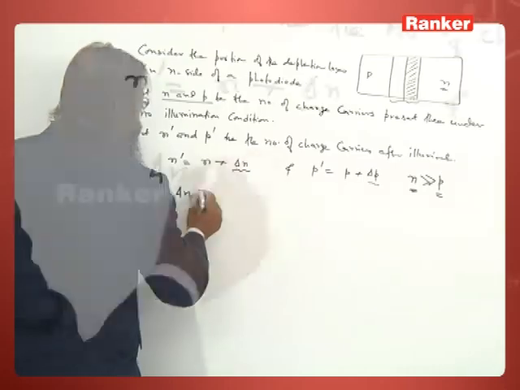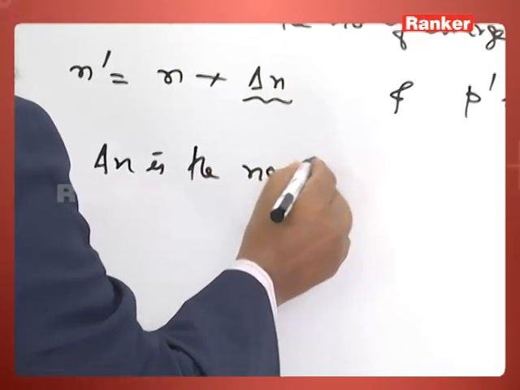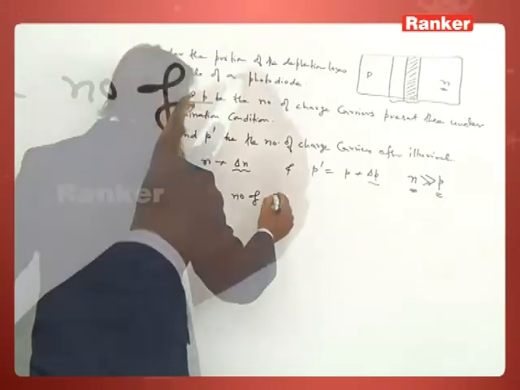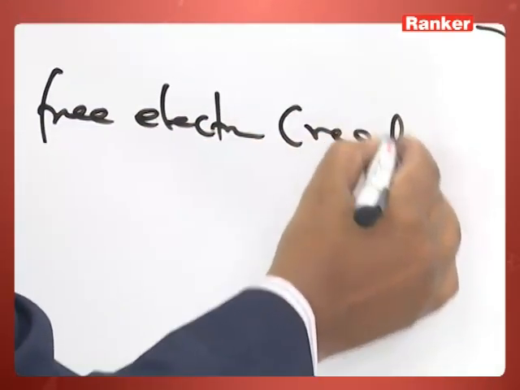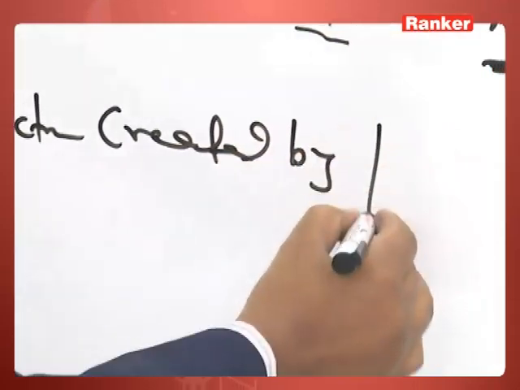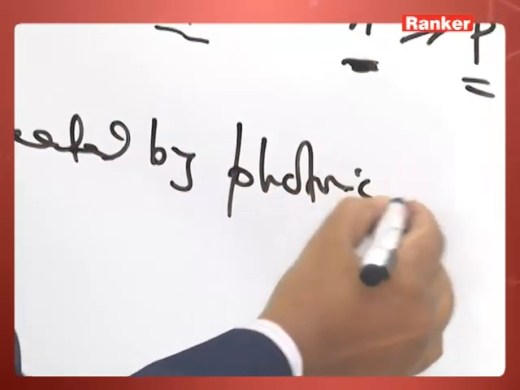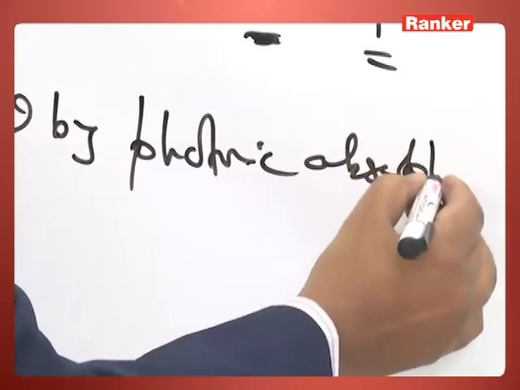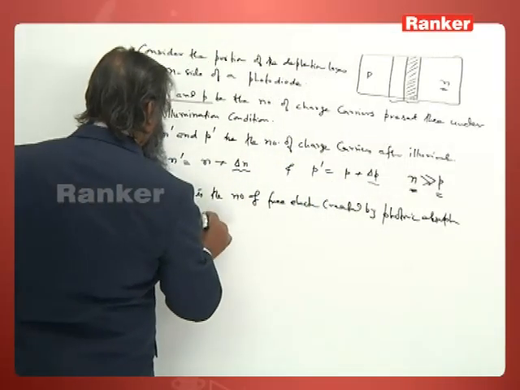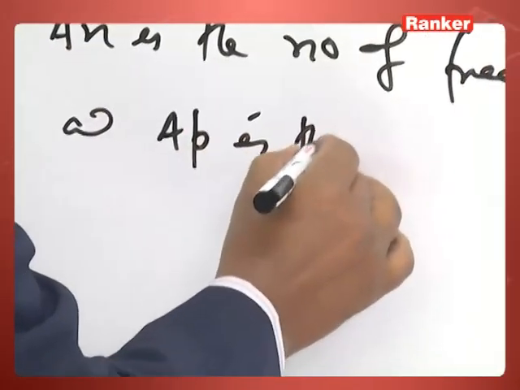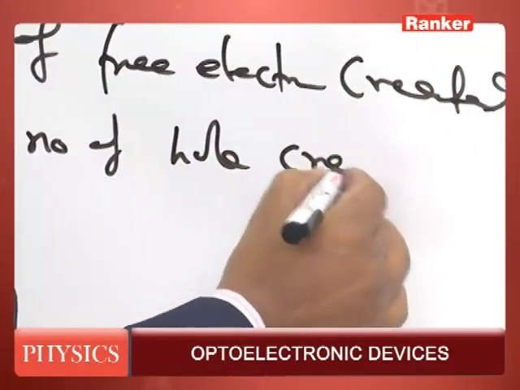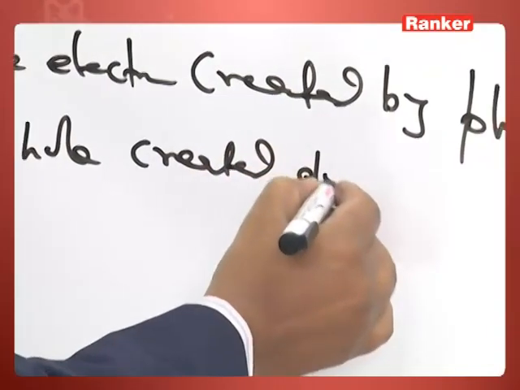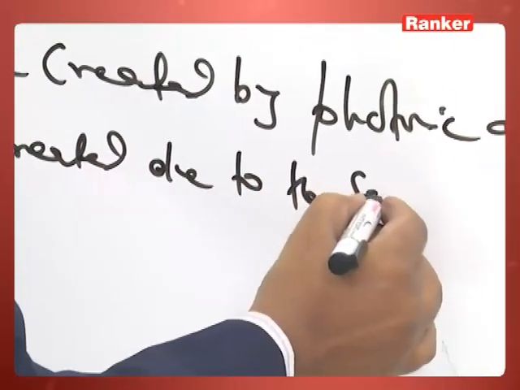Delta N is the number of free electrons created by photonic absorption, and delta P is the number of holes created due to the same photonic absorption.